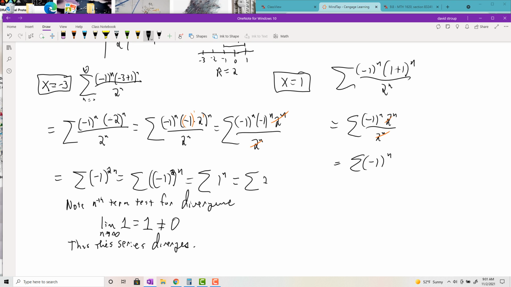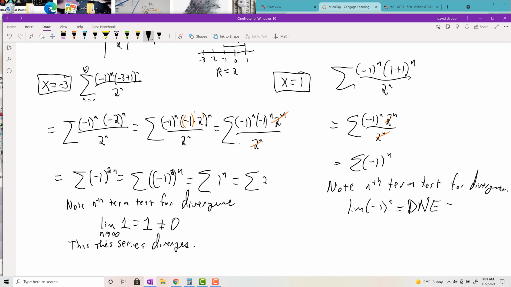Again, you could do the nth term test for divergence. We have the limit of -1 to the n as n goes to infinity. The even terms will go to 1, the odd terms will go to -1. So this limit does not exist.